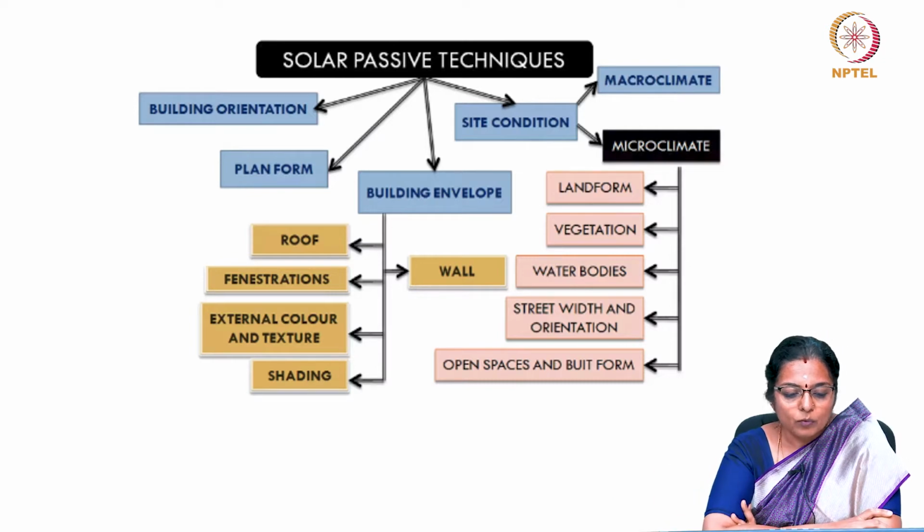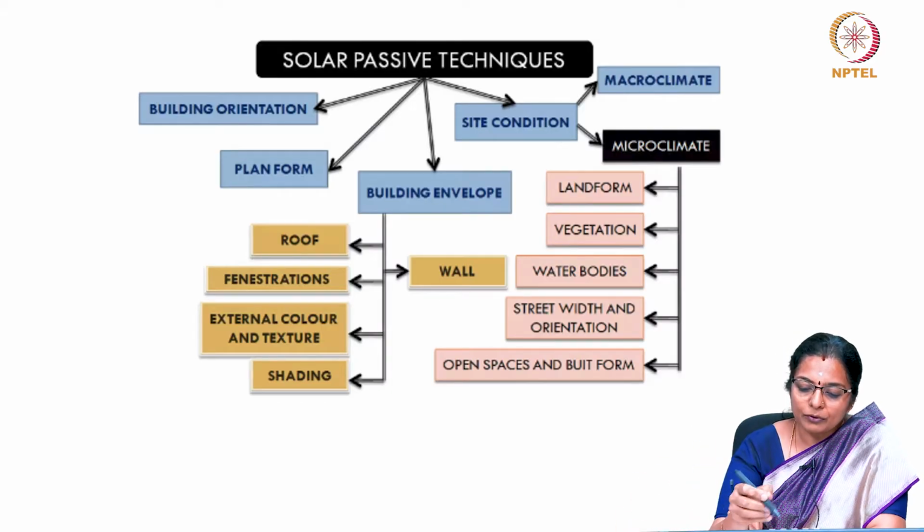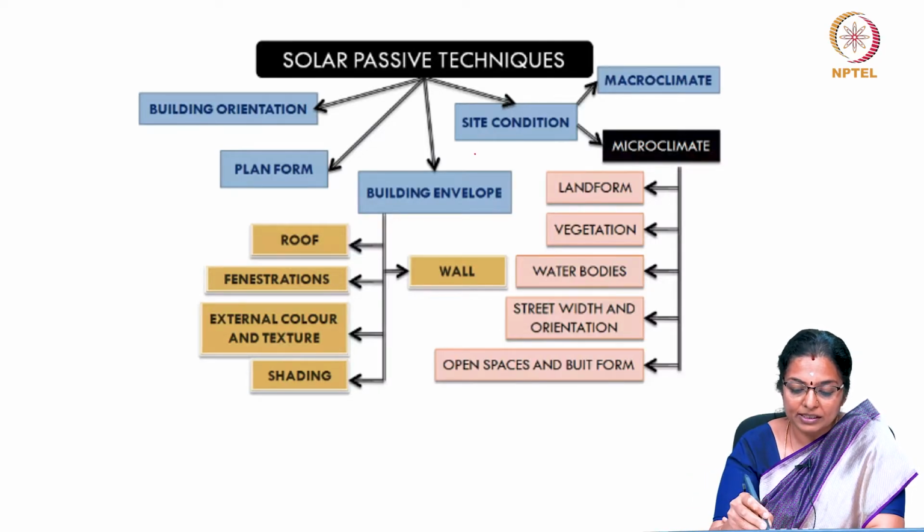Now, we see what are the solar passive techniques. Now, there are few solar passive techniques which are specific to a particular place. So, it is dependent upon the location.